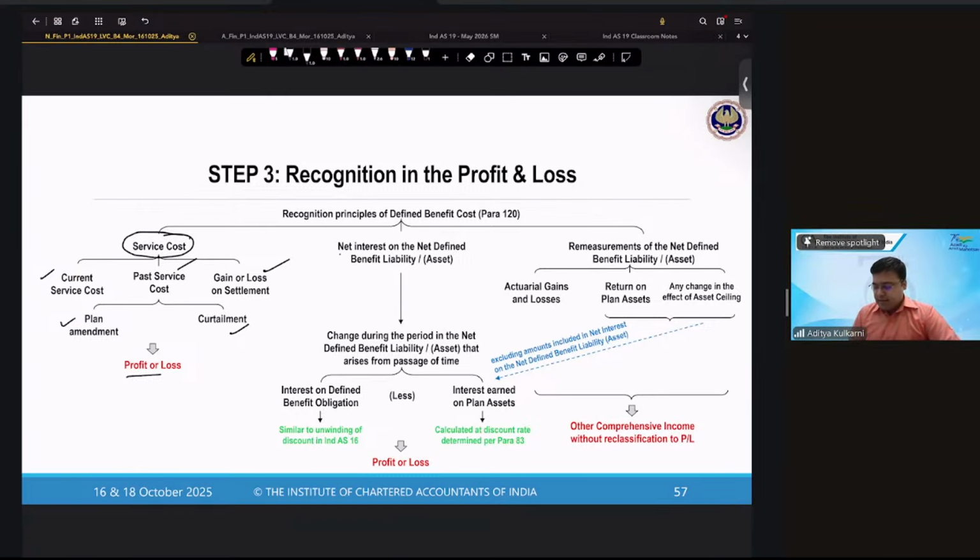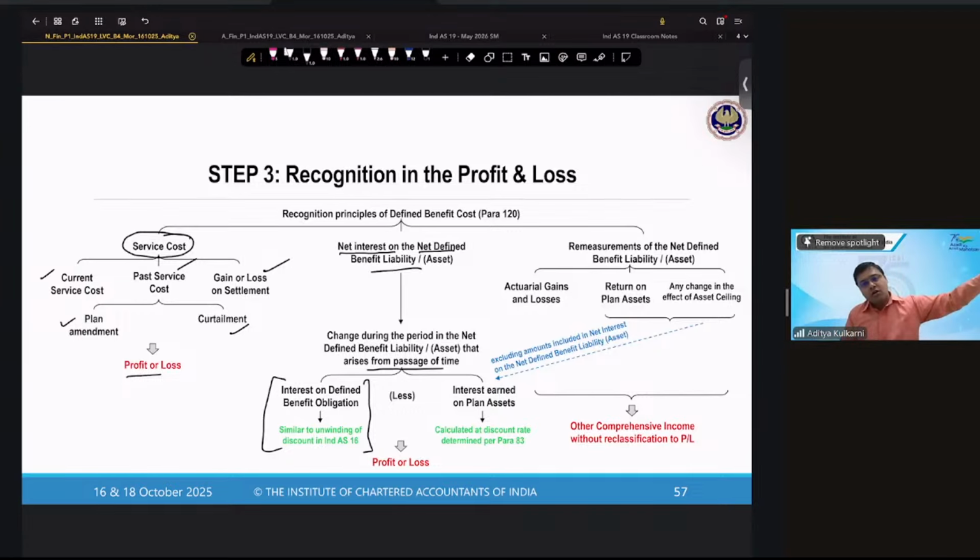Next, there is net interest on the net defined benefit liability or asset. What do you mean by net interest? Change during the period in the net defined benefit liability or asset that arises from passage of time. See, we did the build-up of the obligation. In the build-up of obligation, there was a row mentioning finance cost or interest charges. Do you recollect? That is your interest on defined obligation, which is happening only due to passage of time.